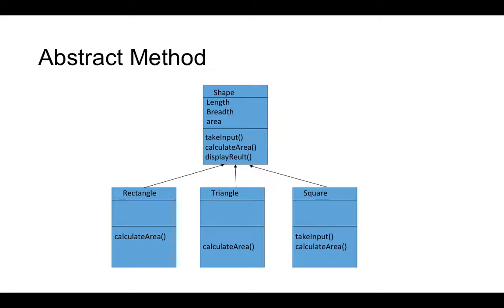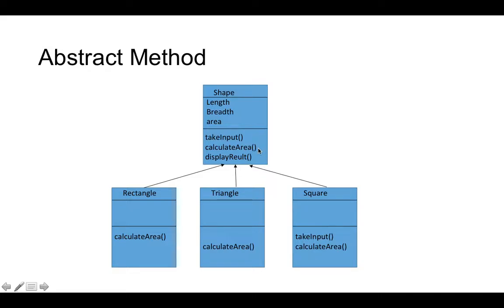Now, let's say at the time of creating the superclass shape, we had a function called calculate area, but we only provide the signature of the function and not any implementation details. Rather, we ask any and all subclasses, that is rectangle, triangle, and square, to implement the functionality of this function.